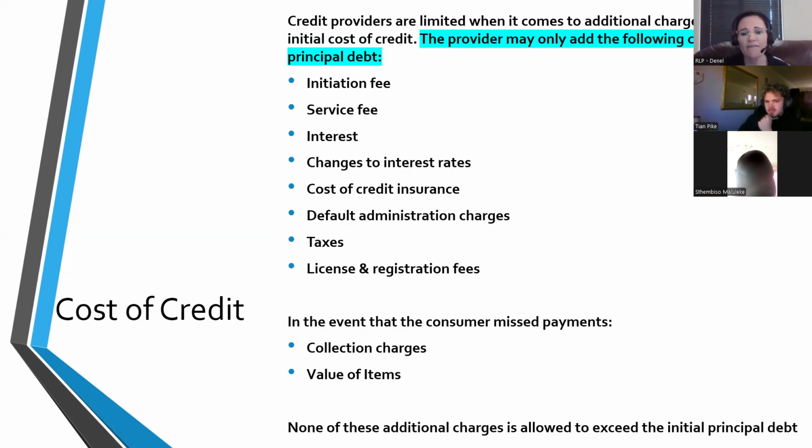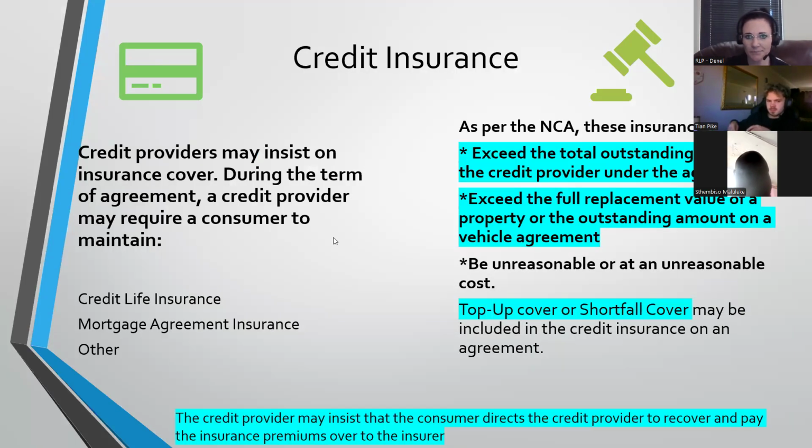Okay, then in the event of the consumer missing payments, they are allowed to charge collection charges as well as value of items, but none of these additional charges is allowed to exceed the initial principal debt. I don't know how familiar you guys are with any financing of items, but if you finance a vehicle, you are obligated to have insurance.